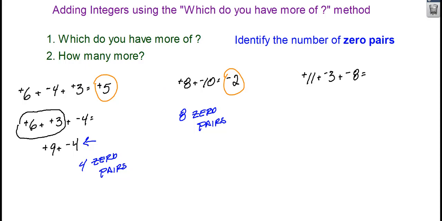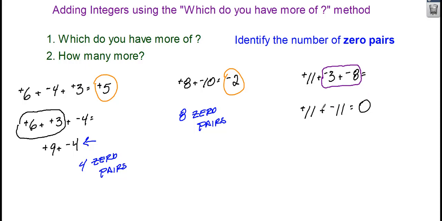All right, the very last problem. So, step 1, combine the things that are alike. Well, they're already laid out together. So I have 11 positives and 8 and 3 is 11 negatives, which means I have 0 because the 11 positives and the 11 negatives will totally cancel each other out.